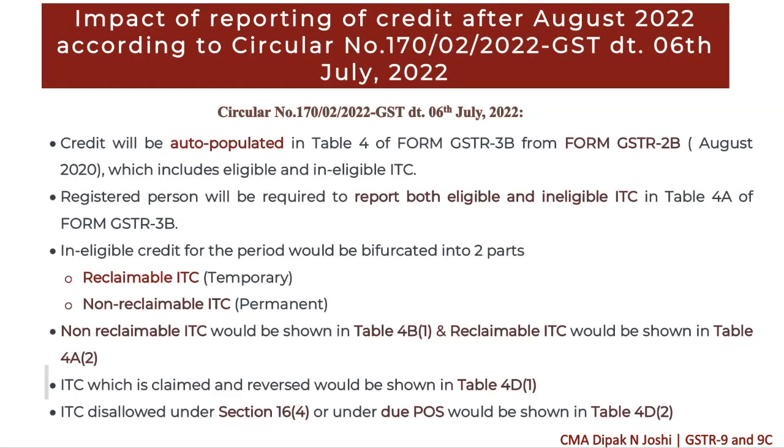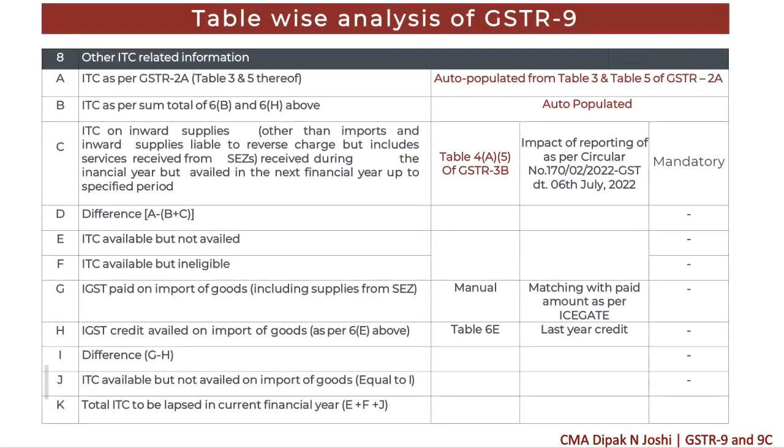I'll skip this slide as we are running short of time. Table 8 is also very important, and in most of the cases, most of the litigations we have seen are only from this table, and that is why it is very essential to understand this table. Table 8A provides the auto-populated information of GSTR 2A.